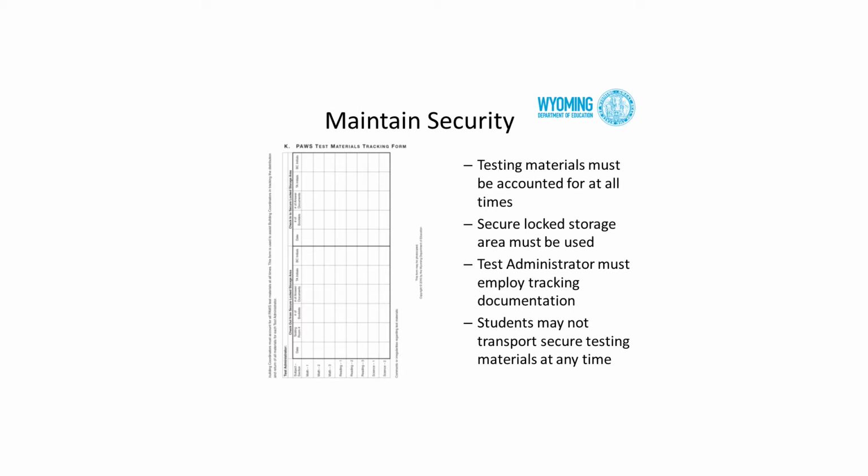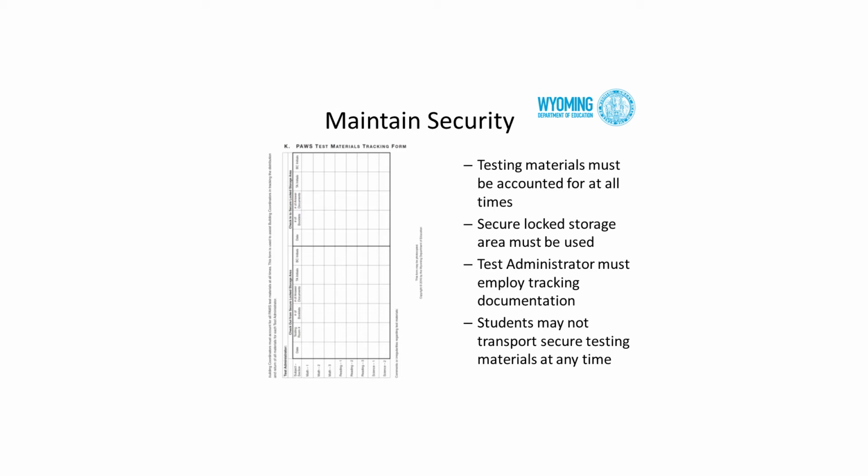What this is doing is ensuring that your test materials are accounted for at all times. Notice there are two columns for signatures, both in and out: your test administrator and the building coordinator. So you have a responsibility as the test administrator to know who has those test materials and where they are, by using something like this.